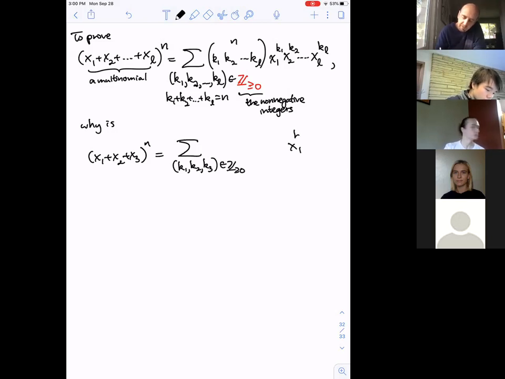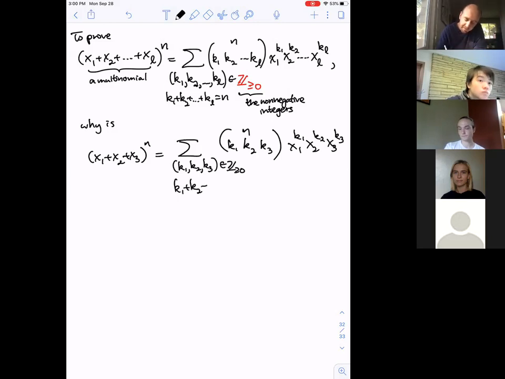This is x1 to the k1, x2 to the k2, x3 to the k3. I'm claiming it's going to be these multinomial coefficients that have 3 things on the bottom. They better add up to n. Let's think about why this is true.